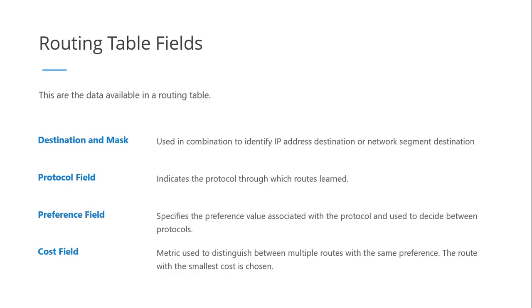Next, we have the cost field. For some instances, we have multiple routes, and those multiple routes have the same protocols used, therefore the same preference. So, what metric do we use to determine which route we'd actually take? Inside each routing table, each route is given a specific cost, which is contained in the cost field. A specific number is assigned to the cost field pertaining to how much better it is than the other routes.